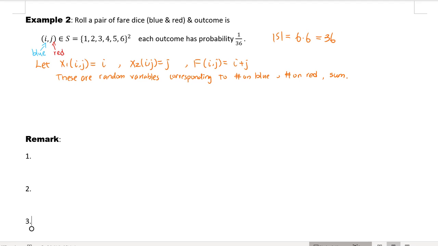Okay, and then let me ask you, what is the probability that the sum equals 8? Well, this is the same as saying we're looking for the probability when f equals 8.